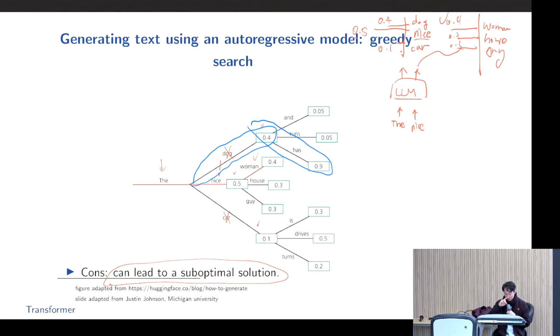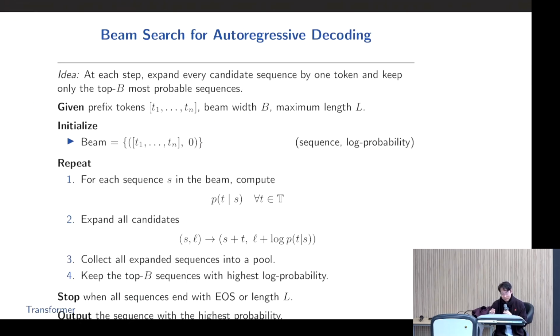So here the joint probability is 0.36. Here the joint probability is 0.2. So this path had higher joint probability. So greedy decoding might lead to a suboptimal solution. I'm not saying it's bad, but there are other methods.